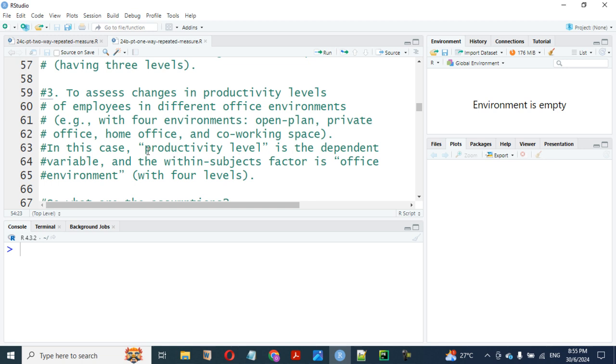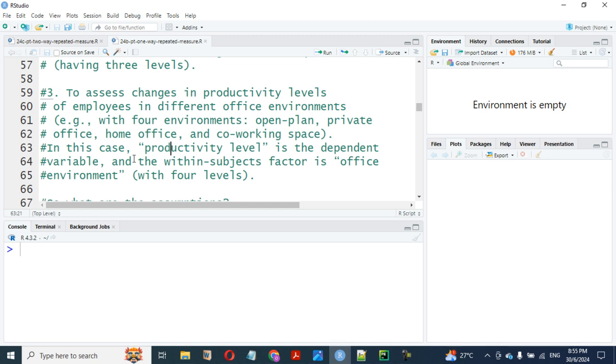This is what is measured. It's our numeric variable that we're going to use to measure. And the within-subject factor is office environment, which has 4 levels.